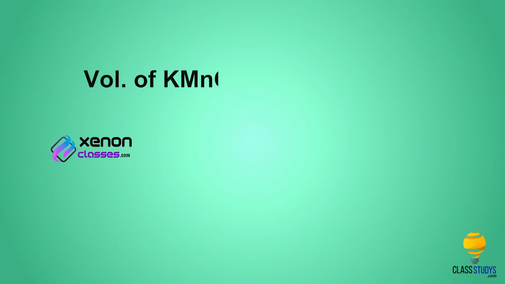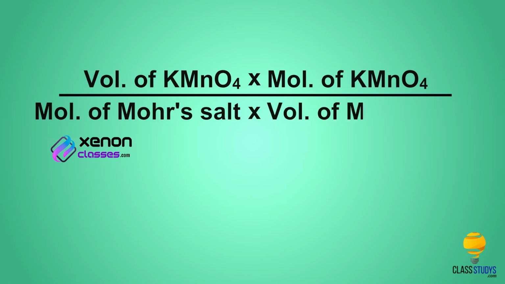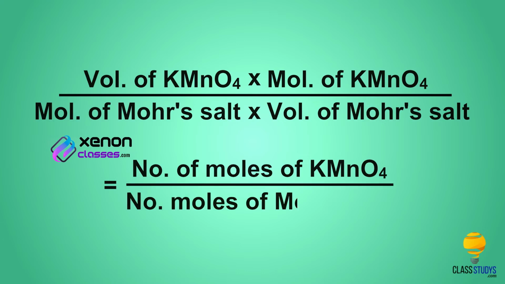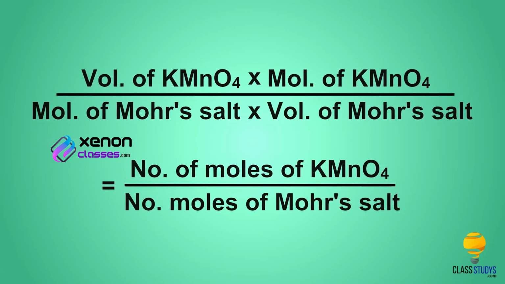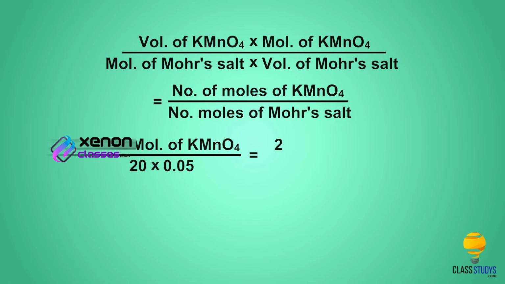According to the molarity equation, volume of potassium permanganate into molarity of potassium permanganate divided by molarity of Mohr salt into volume of Mohr salt gives us number of moles of potassium permanganate divided by number of moles of Mohr salt. That is, 21.2 into molarity of KMnO4 divided by 20 into 0.05 is equal to 2 by 10.